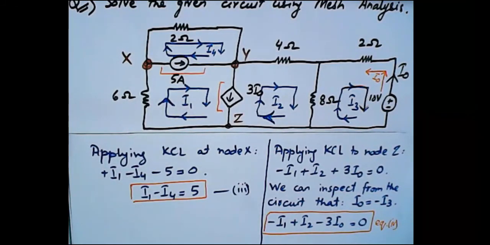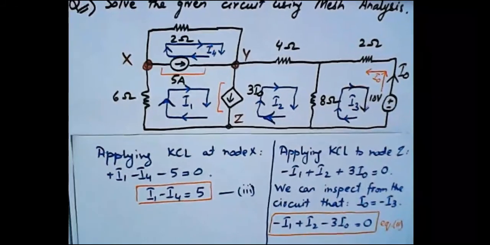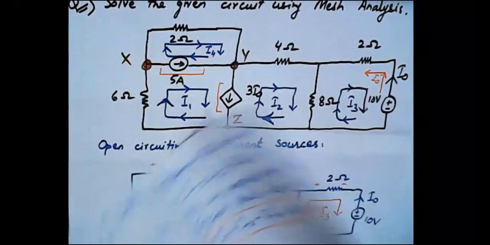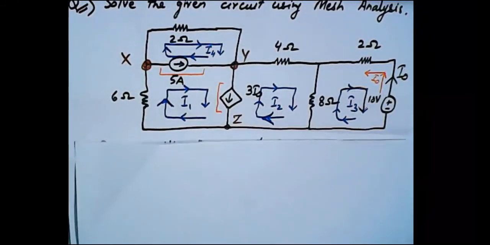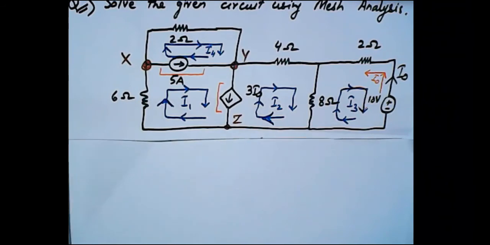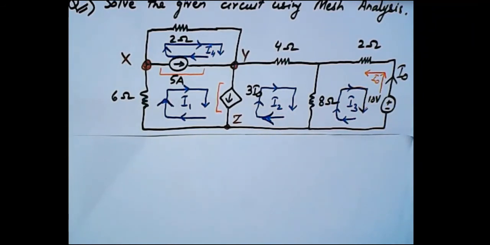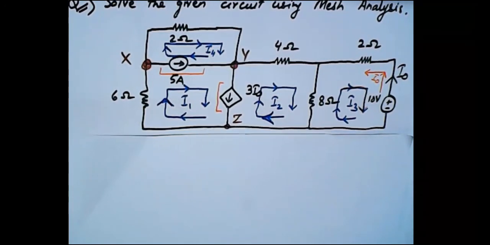I hope it is clear now, and let me repeat the question again. First of all, the first step we did was to identify the nodes and the loops in the system, and we found that there are 4 loops. We assigned them loop currents I1, I2, I3 and I4.